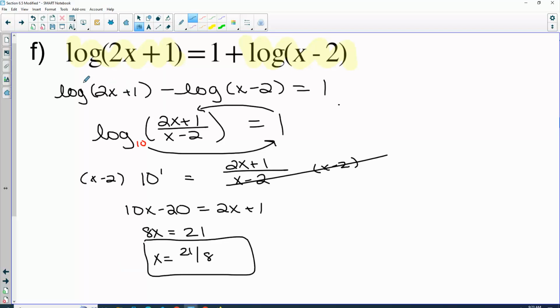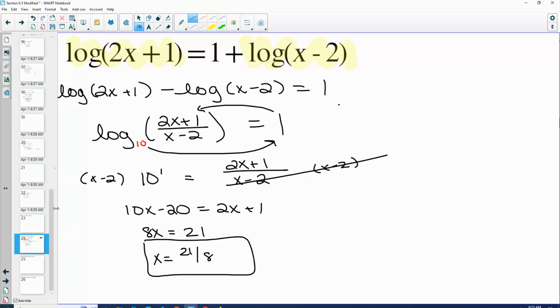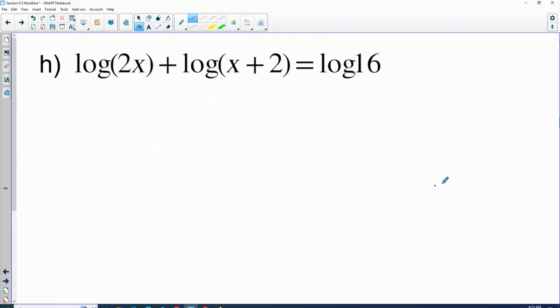Final example of the day. When I look at this one, we have 3 terms, but they all have a log. So if I can condense it so there's only 1 log on each side, we can just drop it. Over here, because these logs are added, when I put them together, we have to multiply.